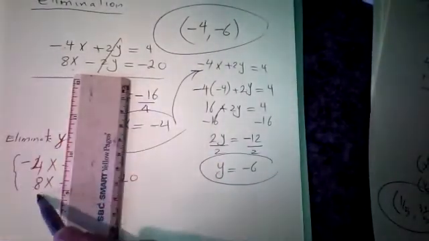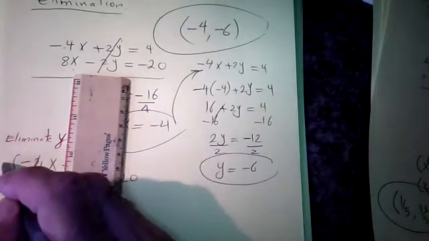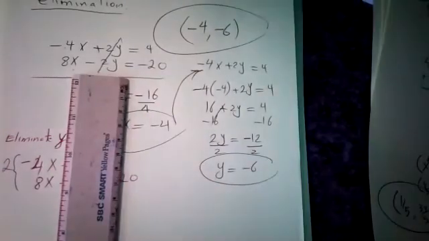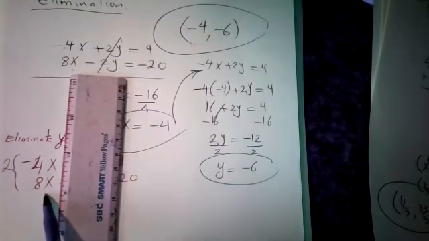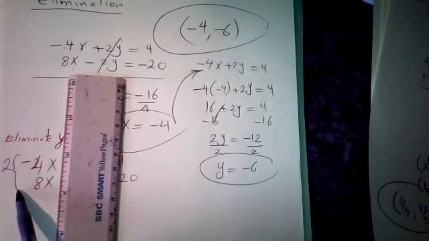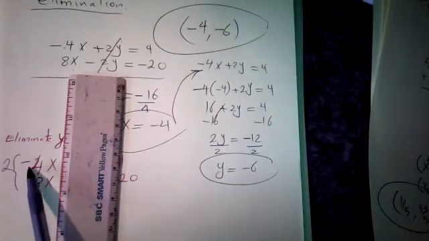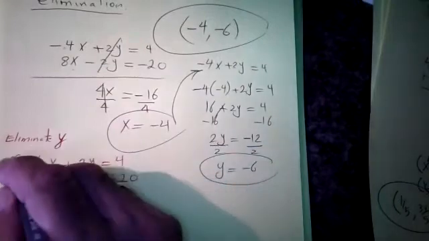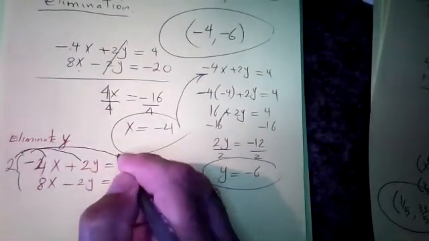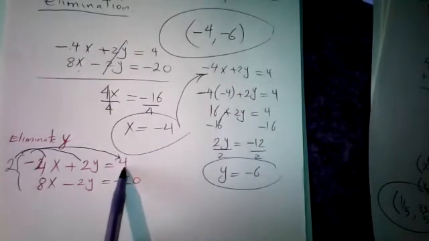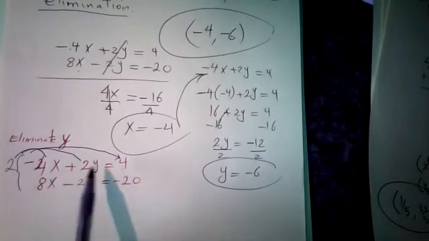If I want to eliminate these two, I have to multiply the top one by 2. Because if I multiply the top one by 2, then I have -8x and 8x cancel, right? So you don't have to touch the bottom one. The top one you multiply by -4. But you bring the 2 and multiply by each term, especially the term that you have on this side. Don't forget that. Because you have to keep the balance.